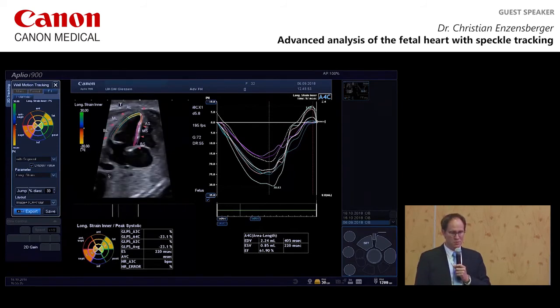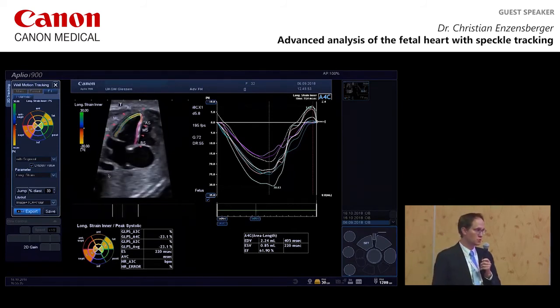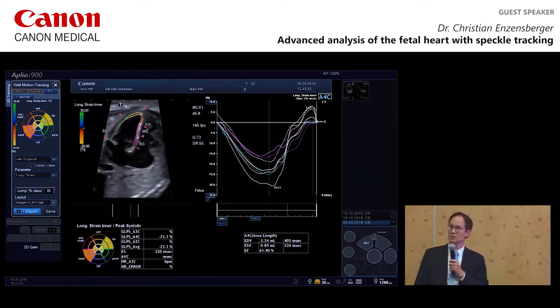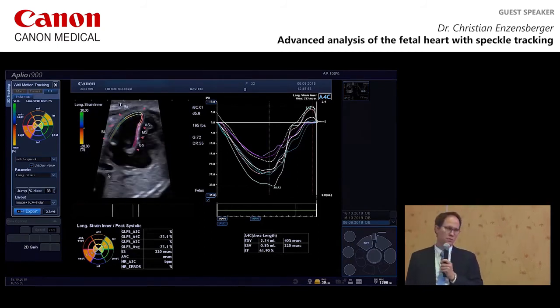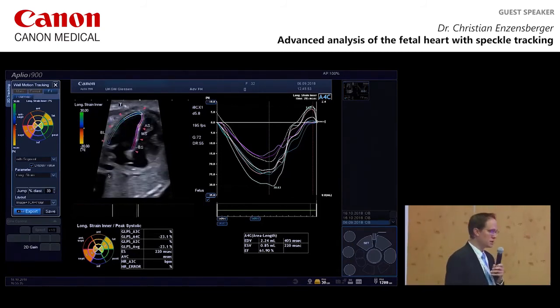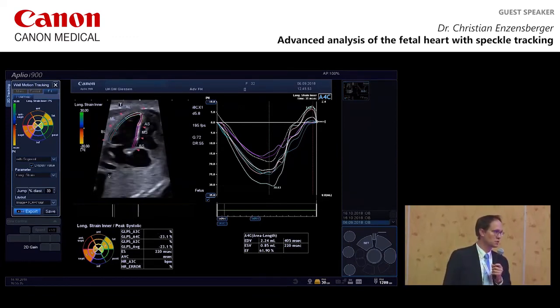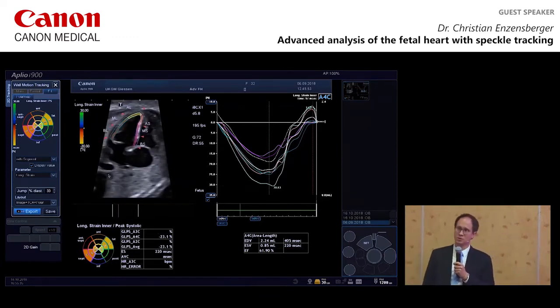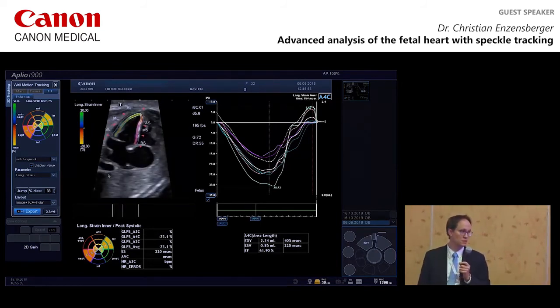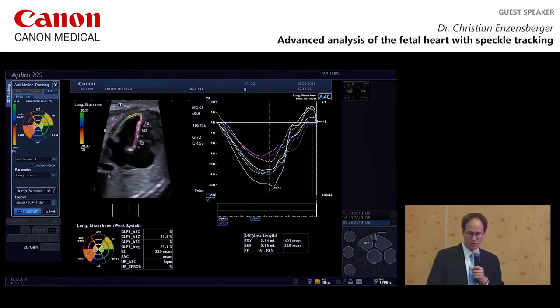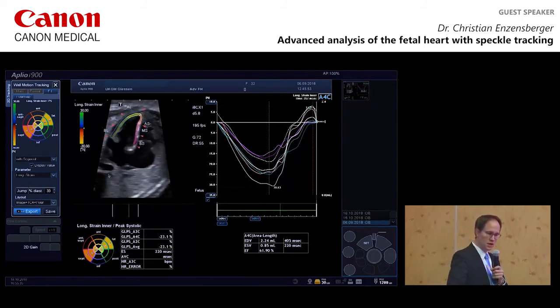Obviously, we thought, why not try to use it in the first trimester, not directly with a clinical implication, because when you have a new tool, sometimes you try to measure something and then have a look at special situations to see if there's something new you can detect.